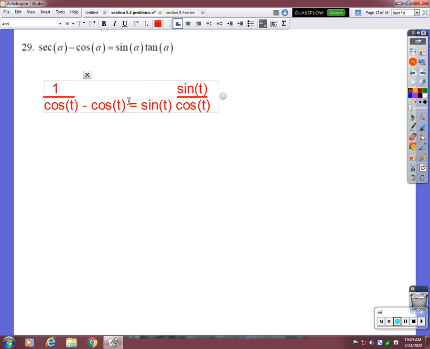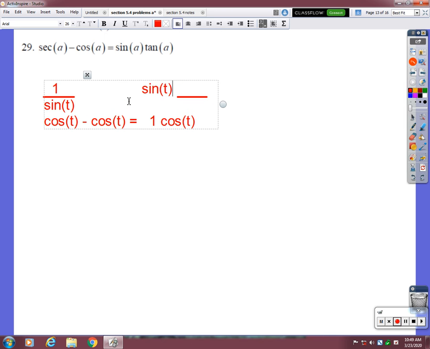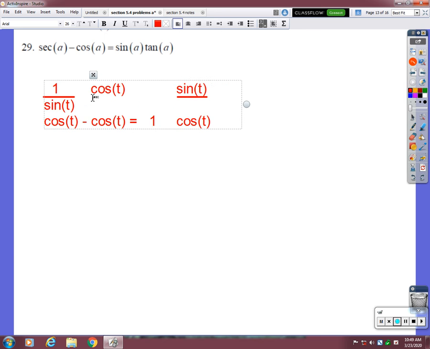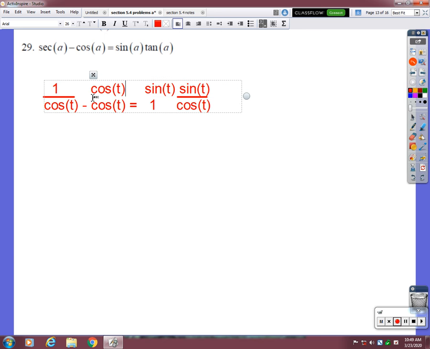So this is really sine over 1, and this is really cosine over 1.